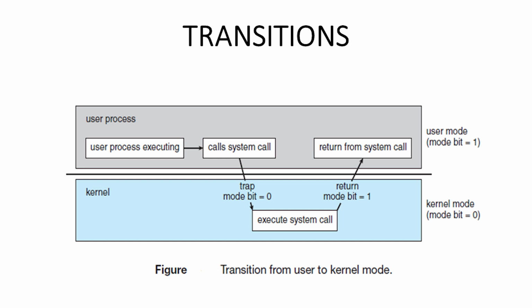That is, it changes the state of the mode bit to 0. Thus, whenever the operating system gains control of the computer, it is in kernel mode. The system always switches to user mode by setting the mode bit to 1 before passing control to the user program.